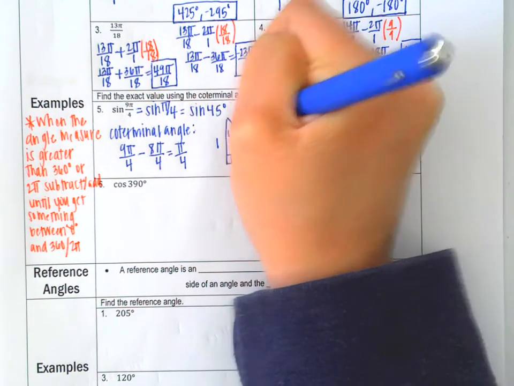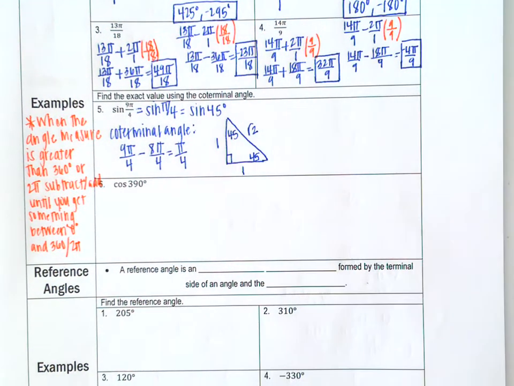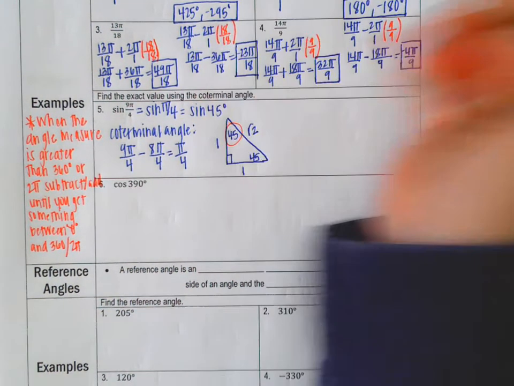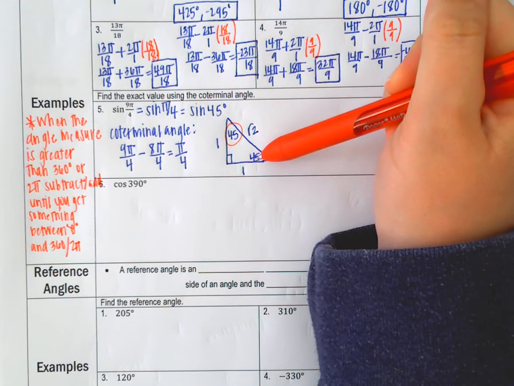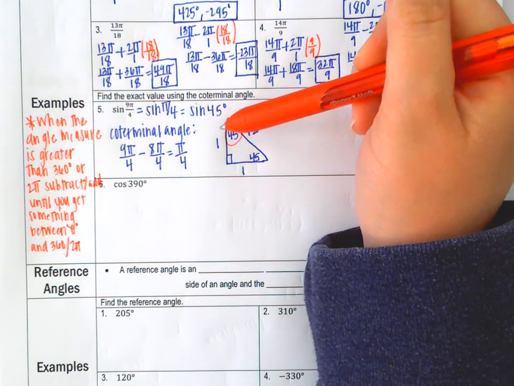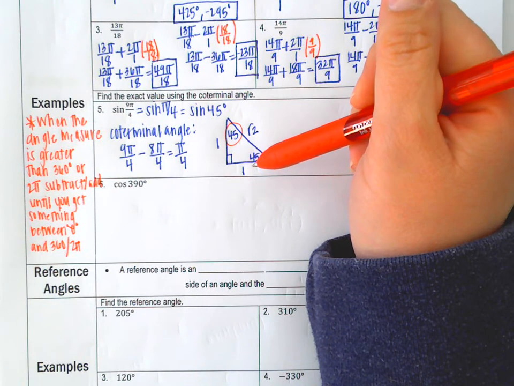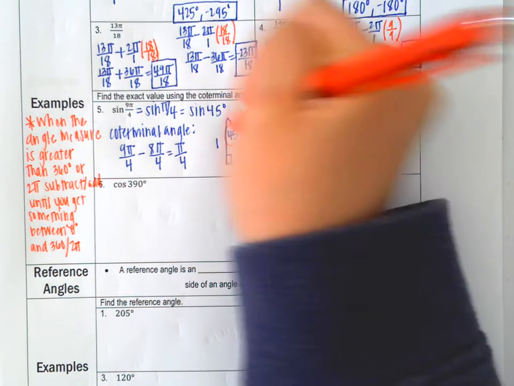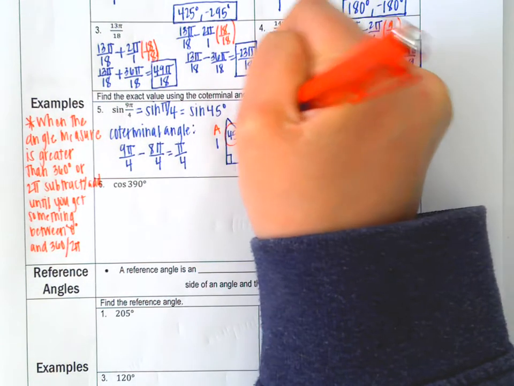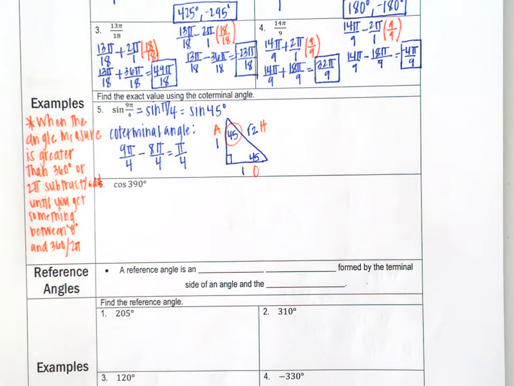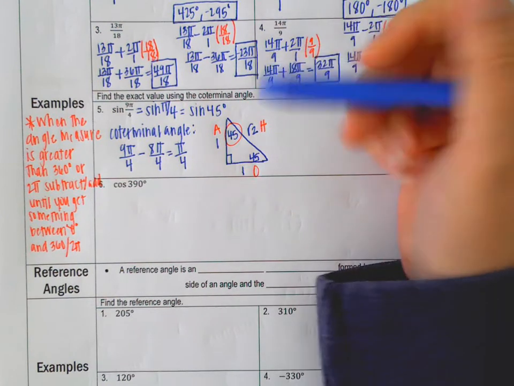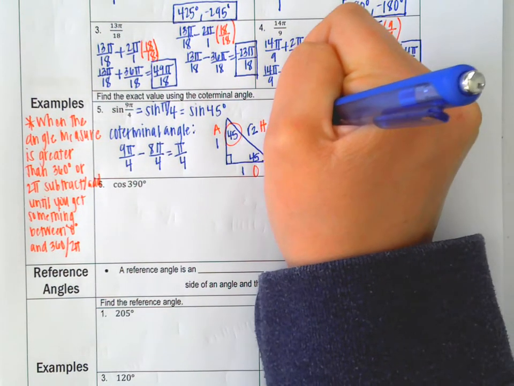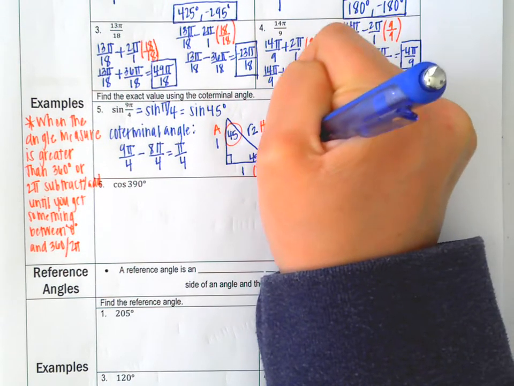One, one, rad 2. Just to switch it up, I'm going to look at this 45 because it really doesn't matter. I can look here, I can look here. Both my opposite and my adjacent, no matter what angle, are always going to be 1. My opposite here is 1, my adjacent is 1, my hypotenuse is rad 2. So the sine of 45 is opposite over hypotenuse, so that's going to be 1 over rad 2.